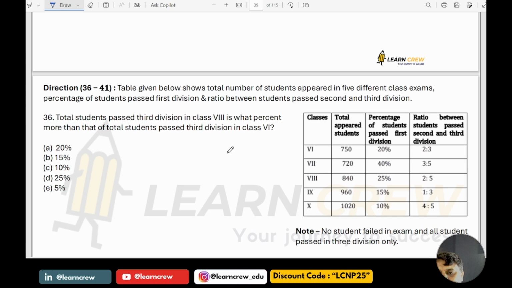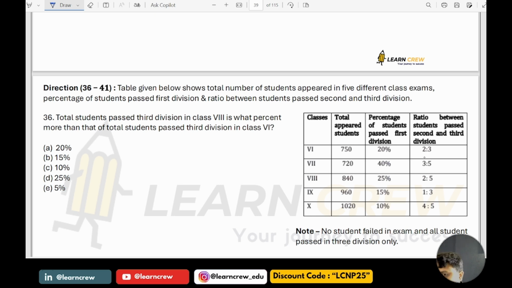The table represents 6th, 7th, 8th, 9th, 10th standards: total number of students appeared, percentage passed in first division 20%, and the ratio between second and third division.